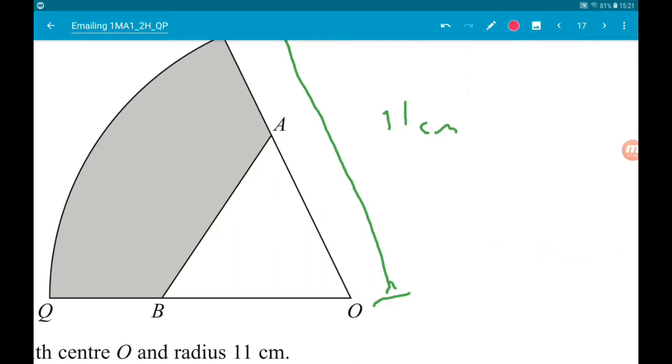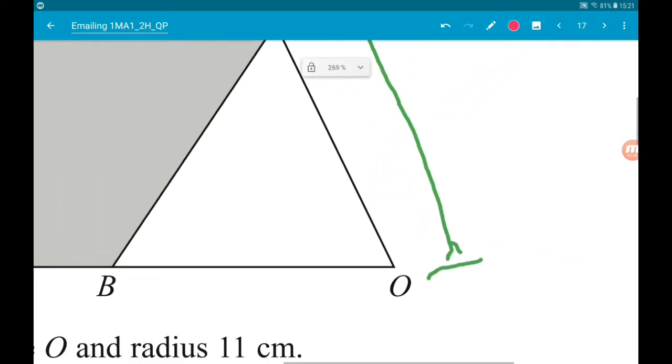Okay, two important parts of information there. It's an equilateral triangle, so those three lengths are the same. Also, in an equilateral triangle, every angle is 60 degrees.